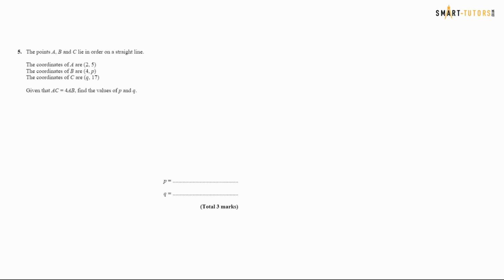Question number 5. The points A, B and C lie in order on a straight line. So there's a straight line given. So A, B, C are going to be on the straight line. So A is somewhere here, and B is somewhere here, and C is somewhere here.